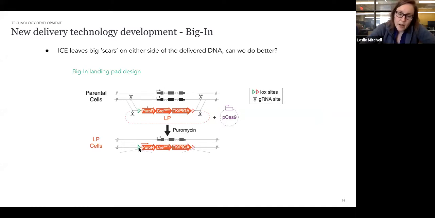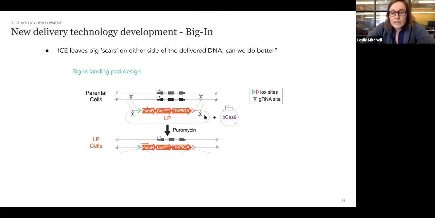where the product of the heterotypic recombination leaves just the lox sites and eliminates all of the selectable markers. I'll just point out this is achieved through the use of selectable, counter-selectable markers, thymidine kinase or PIG-A, which is a very interesting gene that can be selected for and against in cells incredibly efficiently.